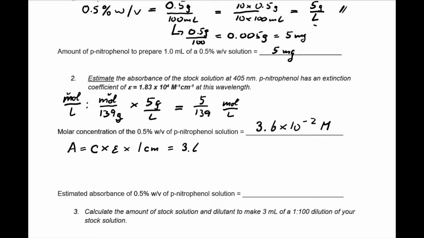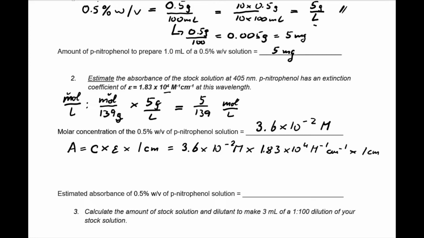So that's 3.6 times 10 to the power of -2 molar times the extinction coefficient, which we've been given here, 1.83 times 10 to the power of 4 per molar and centimeter, and multiplied it by 1 centimeter.